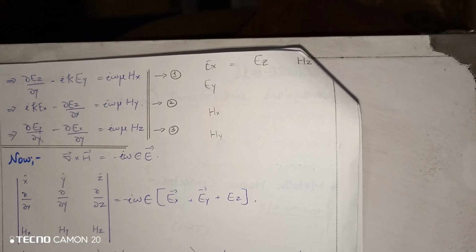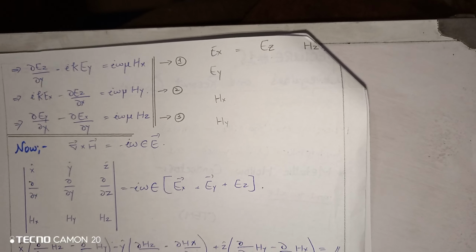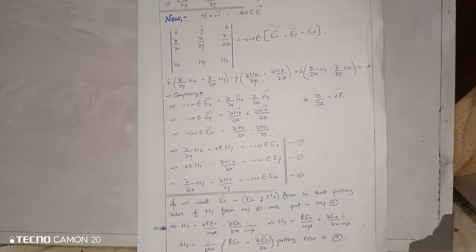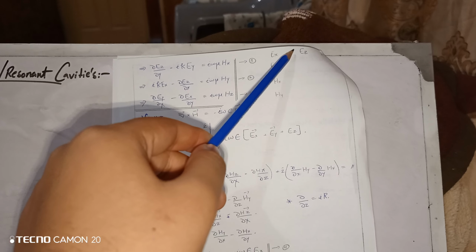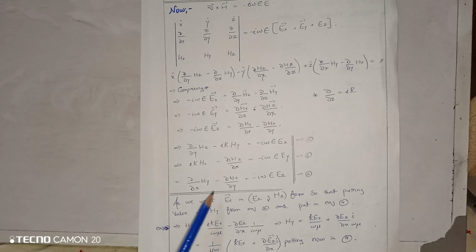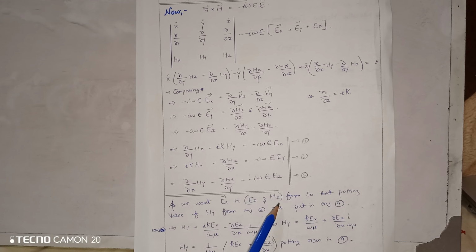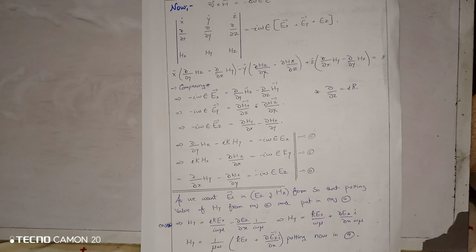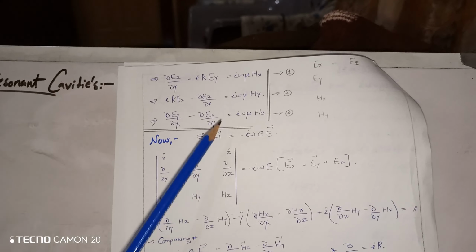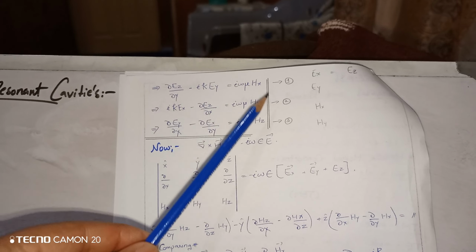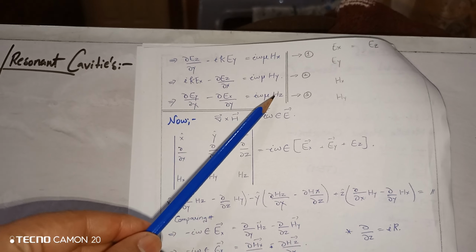Now as I told you, our task is to find the values of Ex, Ey, Hx and Hy in terms of Ez and Hz. So how can we do this? As we want Ex in terms of Ez and Hz, we put the value of Hy from equation 2, so we solve equation 2 for Hy, meaning find the value of Hy.